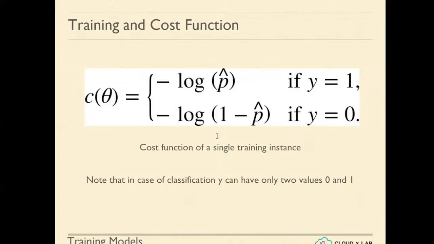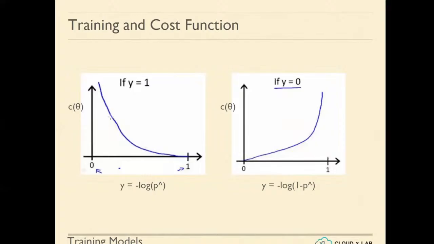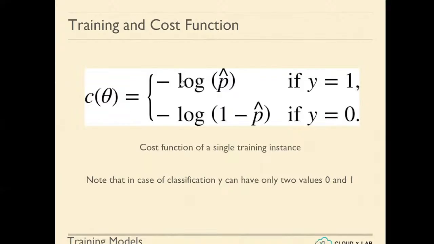Okay, so now let's discuss the shape of log. This is the function for log p hat, and this is the function for minus log 1 minus p hat. If the input belongs to the positive class, we take the minus log p hat cost function.